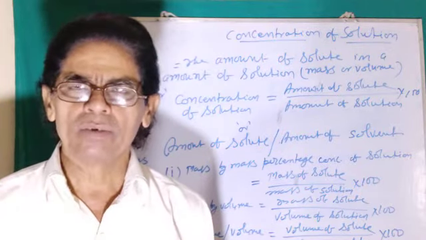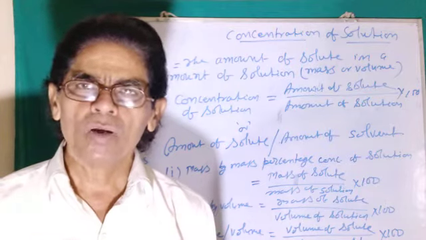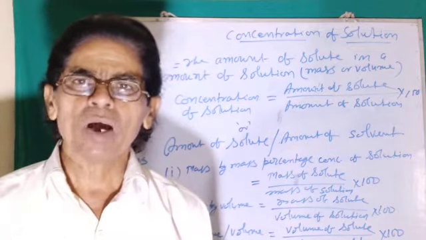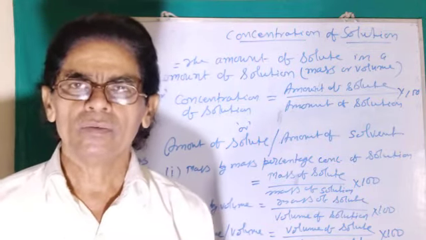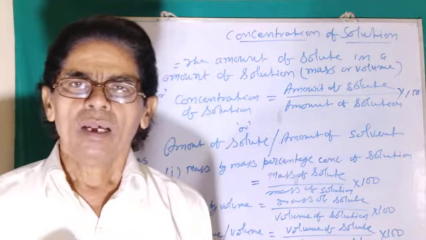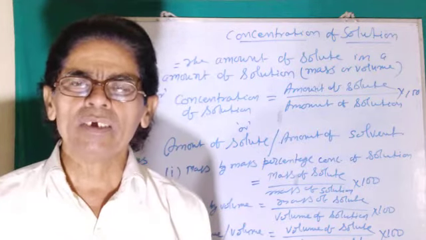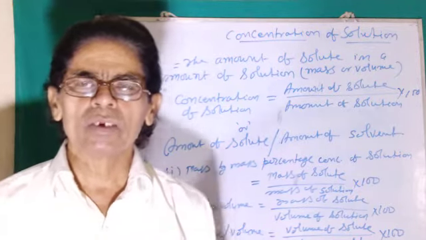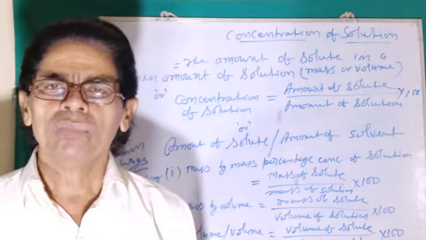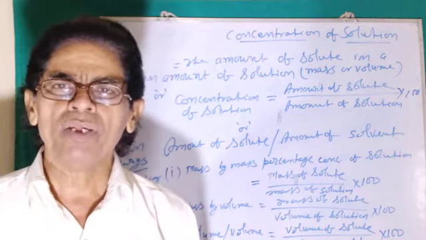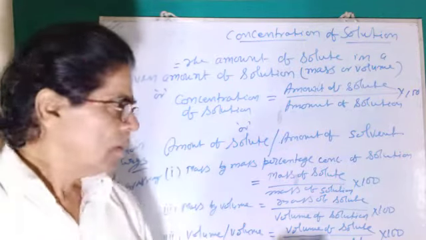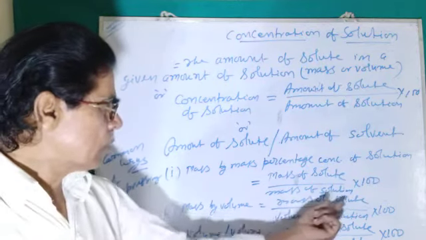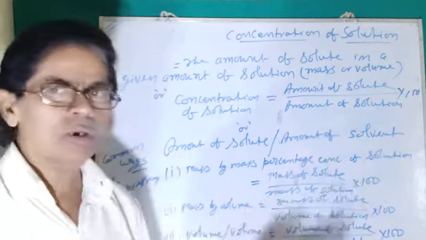So mass of solute divided by the volume in which that mass is present, into 100. Suppose that X gram of solute is present in V volume of solution, then its percentage concentration mass by volume will be X by V into 100. This is expressed by the equation: mass by volume concentration equals mass of solute by volume of solution into 100.